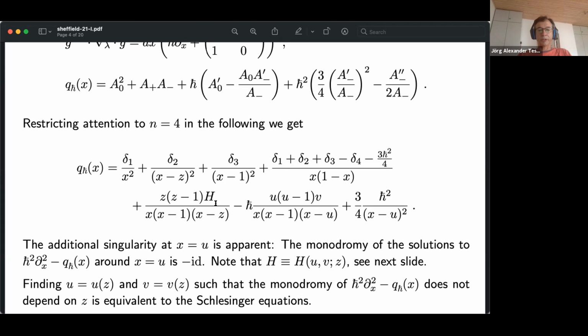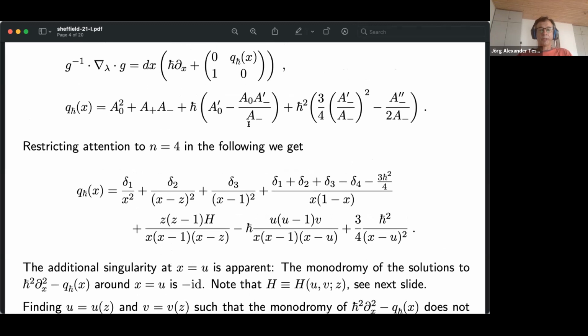We are using that this function H, which is coming from a procedure like this, is not an arbitrary parameter. It will actually be a very specific function of U and V and all the other parameters, which we just suppress in notation now, which is fixed by the property that this is an apparent singularity.